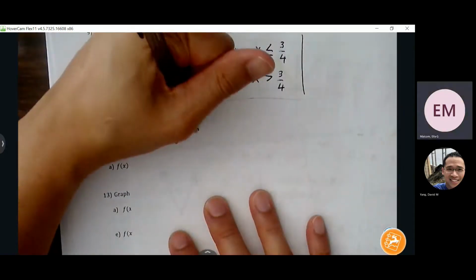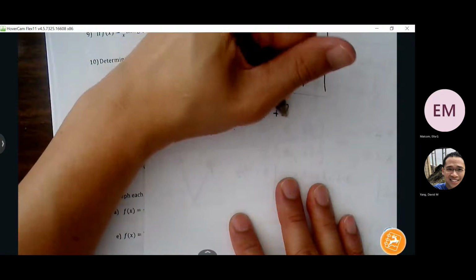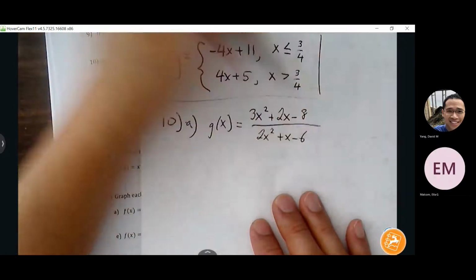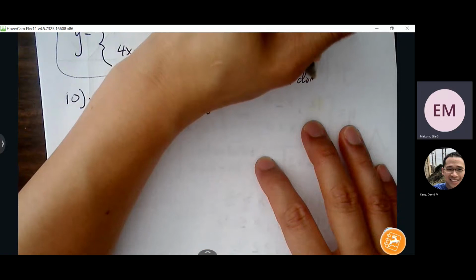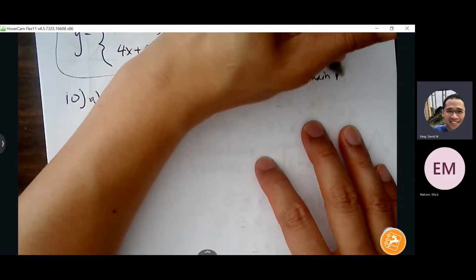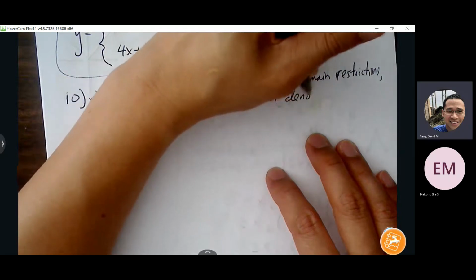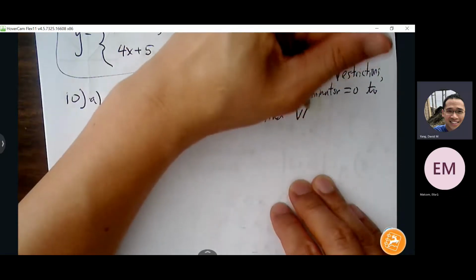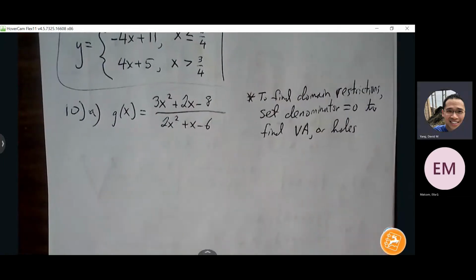Okay. So do I just plug in numbers or? Okay, so to find domain restrictions, set the denominator equal to 0 to find vertical asymptotes or holes, that breaks that we have to remove from our domain.